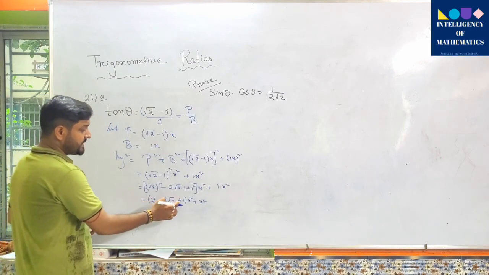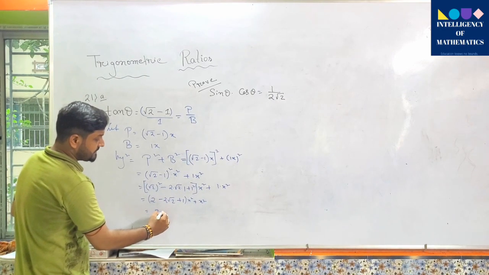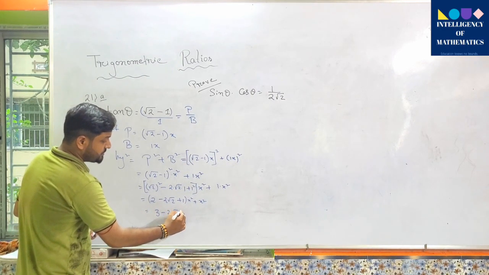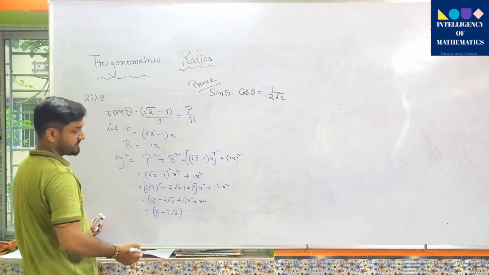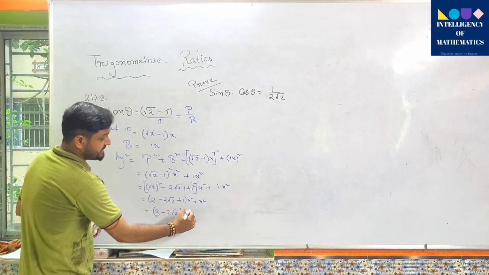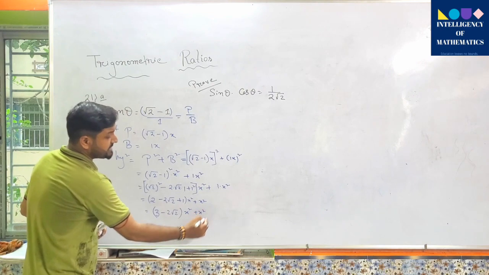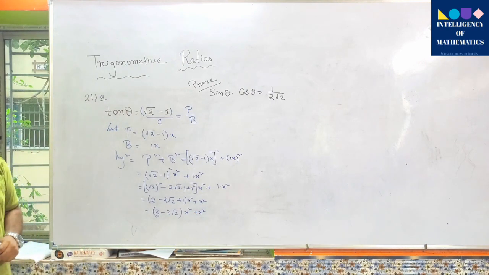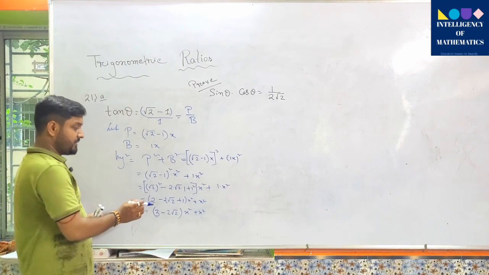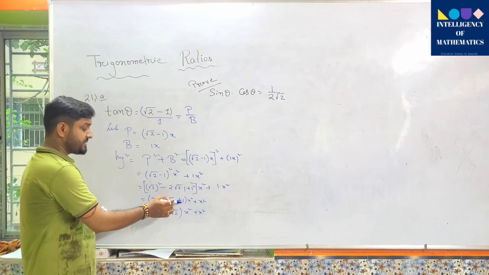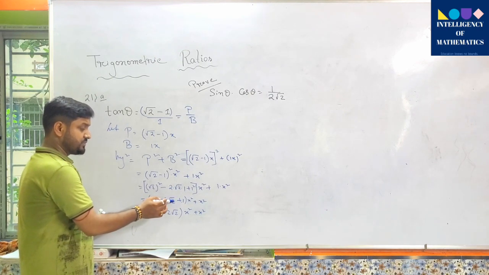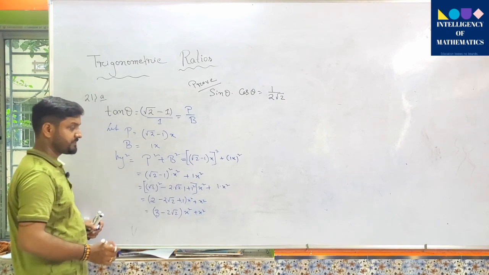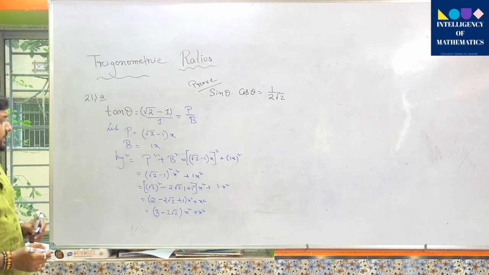Now if we do 2 plus 1, that is 3 minus 2√2 is coming. This x square is there. Here also x square is there. I hope you understood this. Plus 2 and plus 1 is becoming 3, and this is 2√2. X square is into.